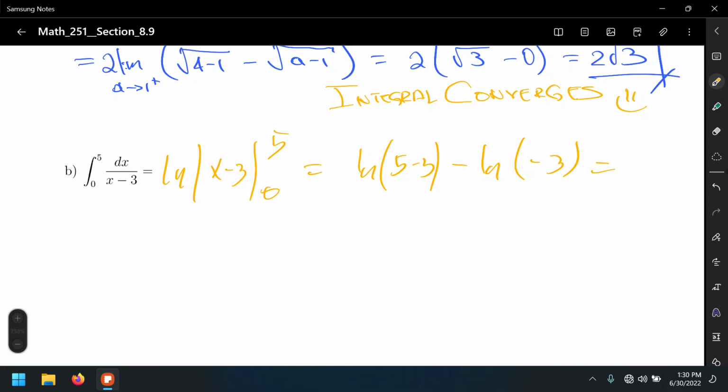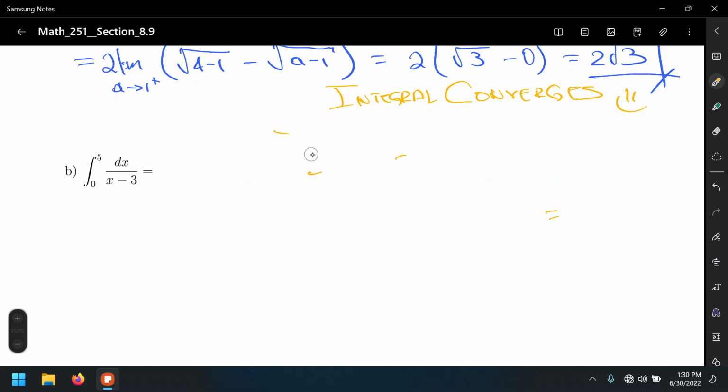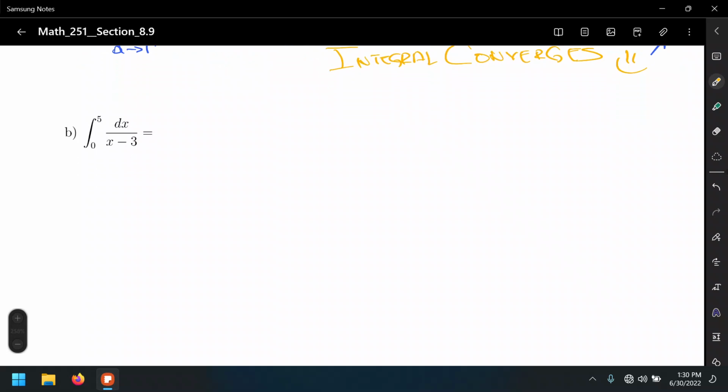This is ln of 2 minus ln of 3, which is ln of 2/3. It seems like this at first glance, right? However, the issue with this kind of integral is that the limits of integration contain the vertical asymptote for this graph.